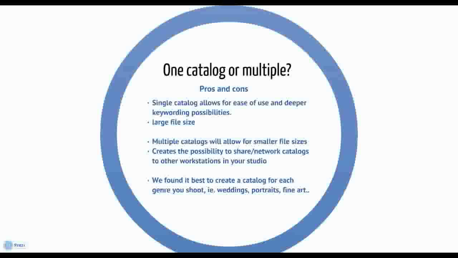And by keeping that file size small, it will allow us to share the catalogs between us. This is something that I plan to go a lot into, syncing and sharing and networking catalogs, and we'll talk about it a little bit today. But I think, after Photoshop World and seeing some of the stuff that's coming out with the newer versions of Lightroom, I don't think that's going to be as big an issue moving forward as it has been in the past.